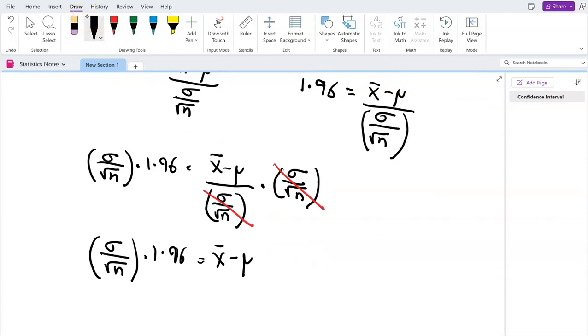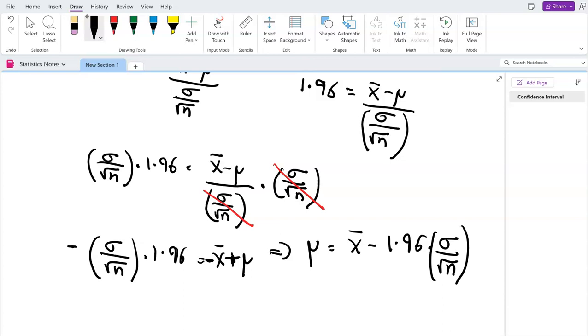Now if I rearrange, if I make this a negative, then this becomes a positive. I'm just multiplying both sides by negative one. Then this implies that mu equals x bar plus, or minus here, 1.96 times sigma over square root of n.